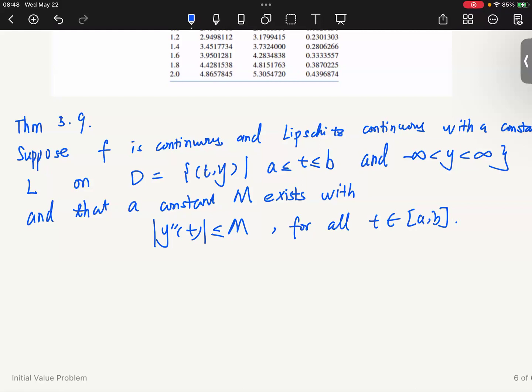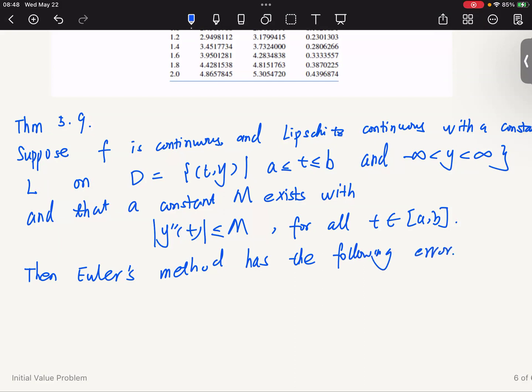And then Euler's method has the following error.